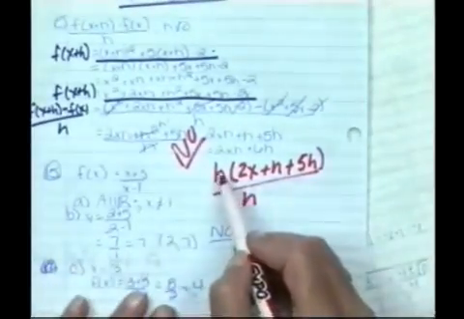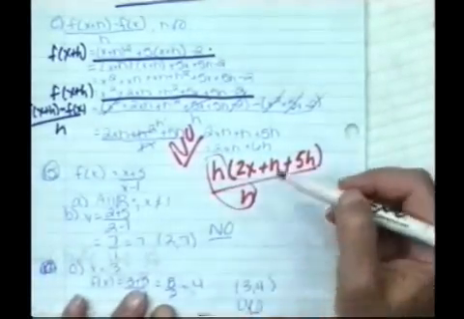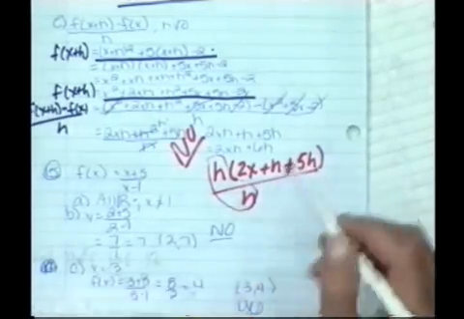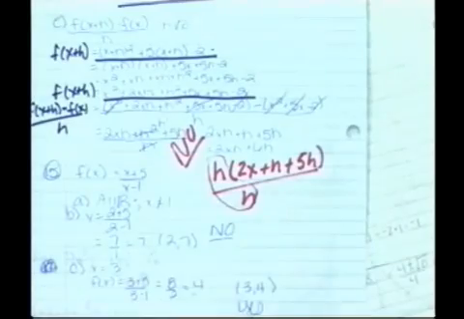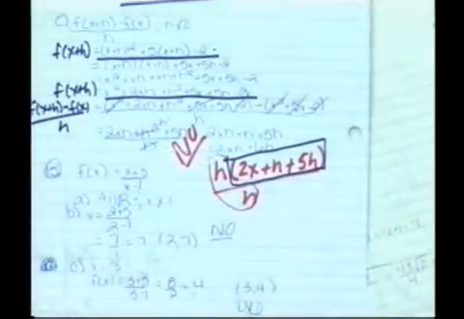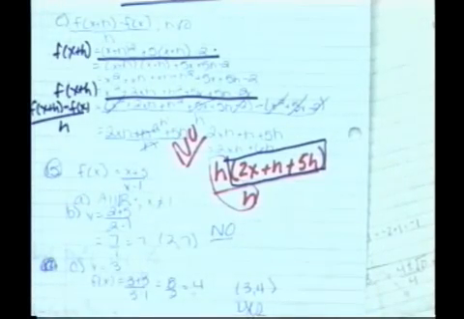Now, because it's multiplied, h over h is equivalent to 1, and so now you're left with 2x plus h plus 5h. Okay? Everybody good? Questions, anybody? All right, be real careful with that. You can't divide out unless everything is multiplied.